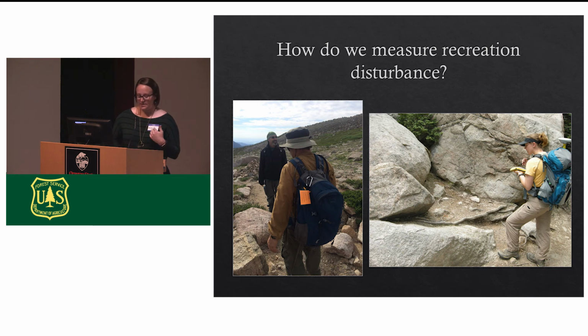Some of the other disturbances, like I showed you photos of, are impacts on the ground, like visitor-created trails and visitor sites where folks are standing at a view shed and creating impacts to vegetation and soils. Those we can also map using high-accuracy GPS units to figure out where they are on the landscape and get a measure of the extent and level of impact that we see.